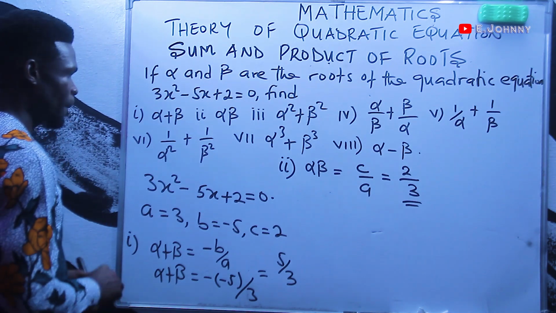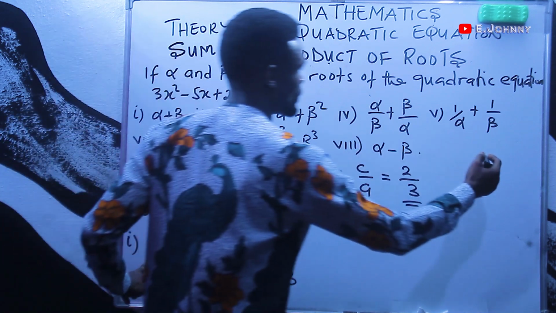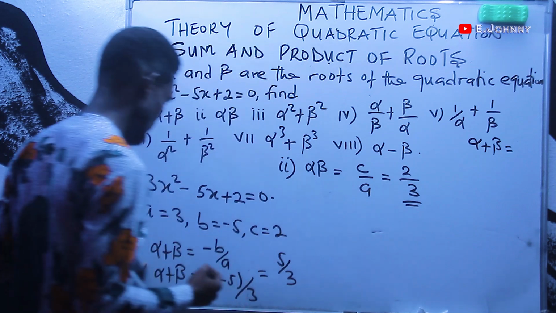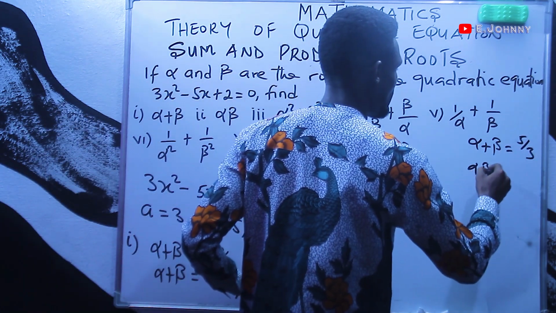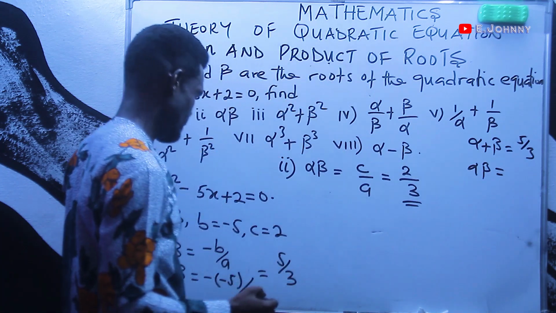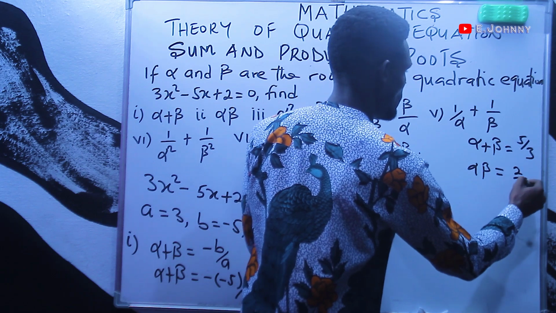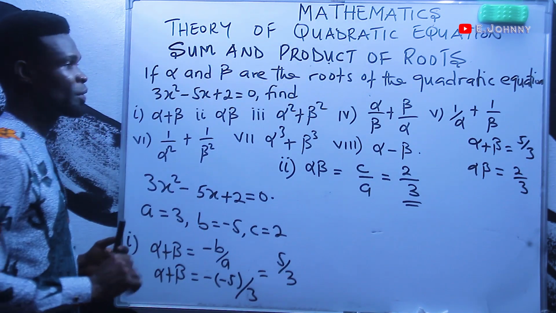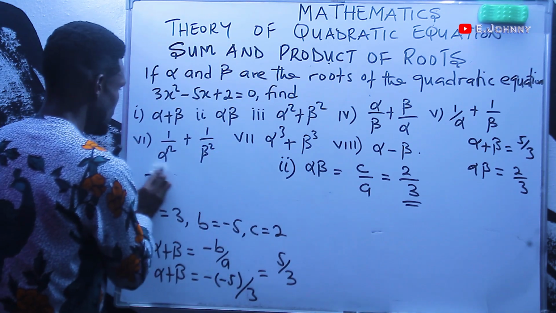Alright, you will agree with me, let me write it somewhere that alpha plus beta is 5 over 3, and alpha beta is 2 over 3. And of course, you saw the process. Very simple.